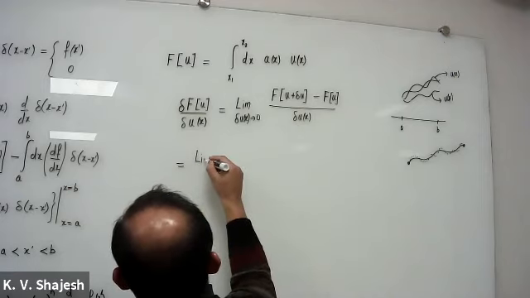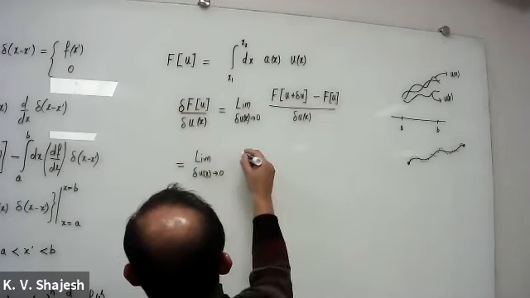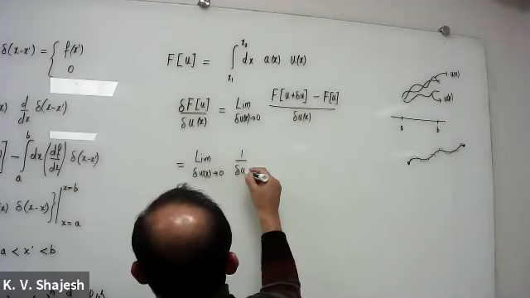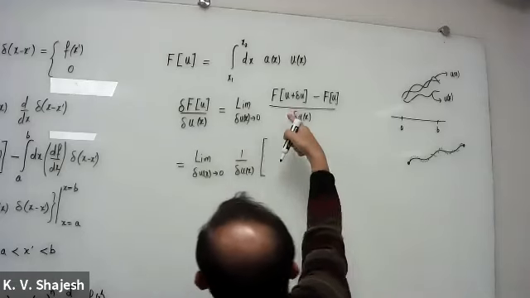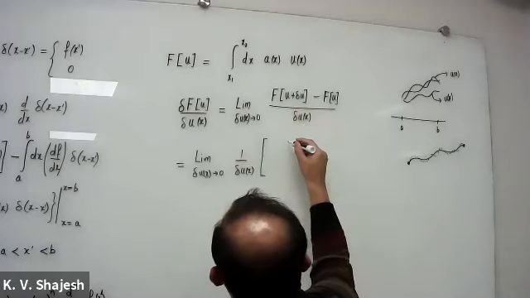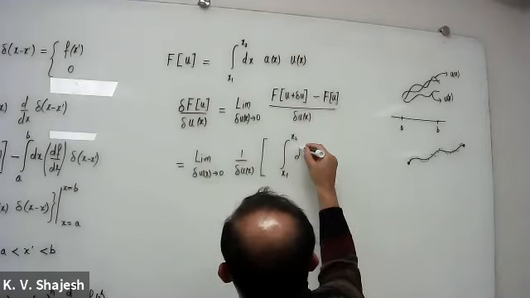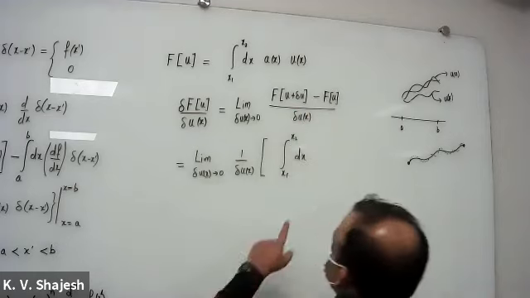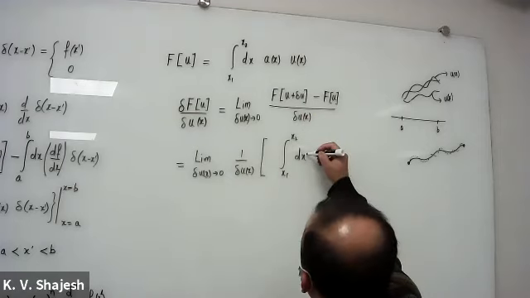It's the limit as delta u of x tends to 0 of 1 over delta u of x, and the integral from x1 to x2. I've already used x outside, so I should switch over to x prime.